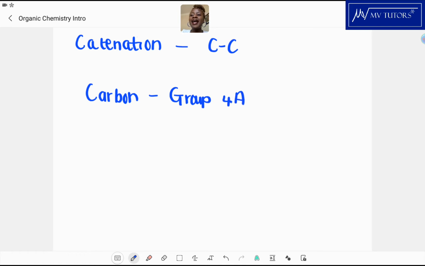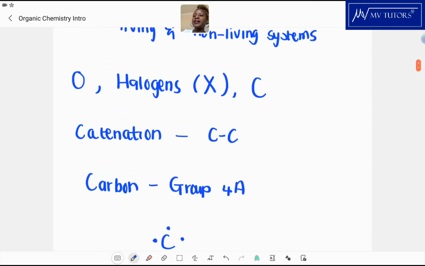All right, and since it's group 4, it means that it has 4 valence electrons. So there you have your carbon structure. If you're going to draw the Lewis dot structure, carbon has 4 valence electrons, so those electrons are available to pair with other elements. Did I mention hydrogen? No, I didn't, sorry.